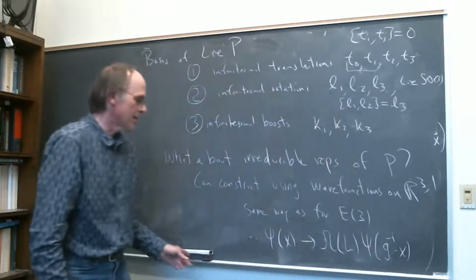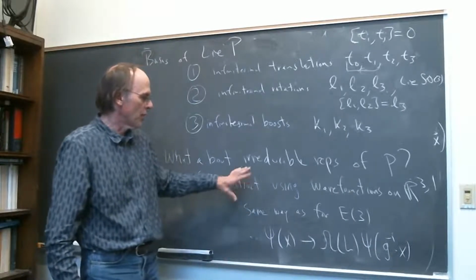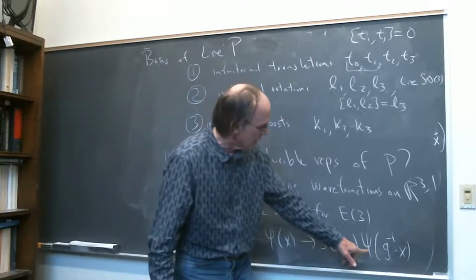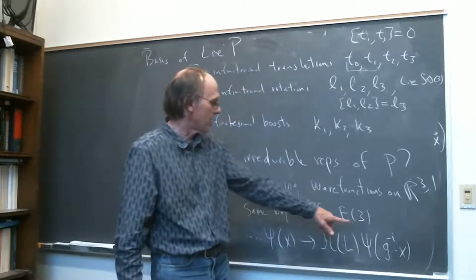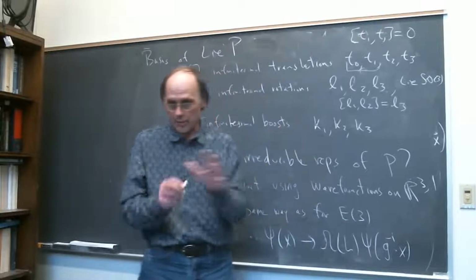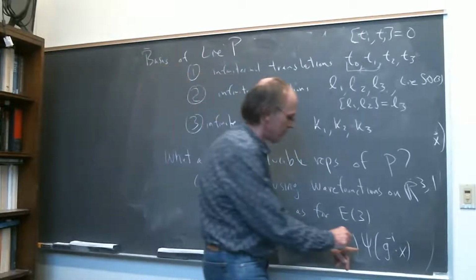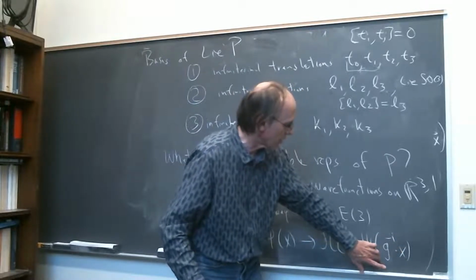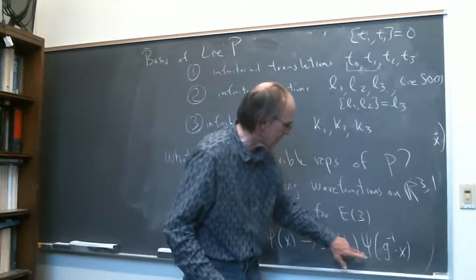So one thing you can do is find some multi-component wave functions, not on three-dimensional space but on four-dimensional space, and then you just use the induced action of the Poincare group on the space to act on the functions.